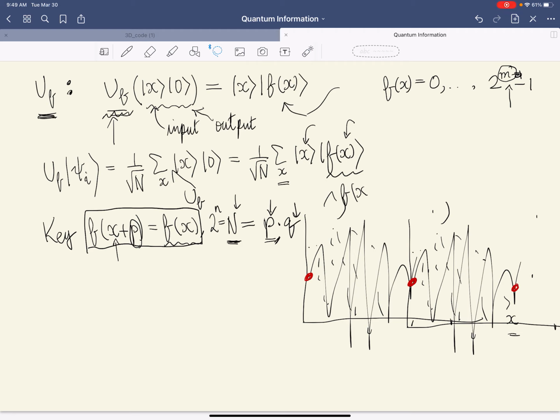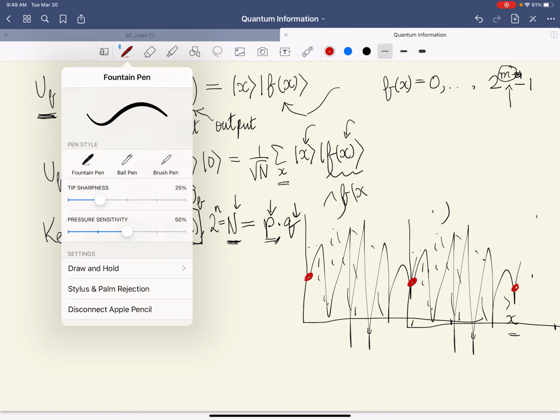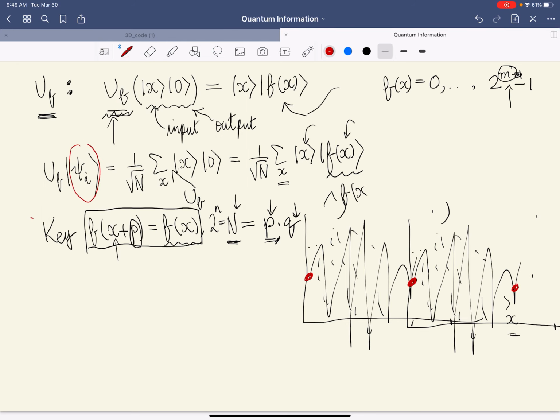Okay, so let's say we did start from some initial state, psi I, and we did manage to transform that initial state into this state by the application of this unitary transformation. And now the mission is to identify the actual periodicity of this function through some measurement on this wave function.